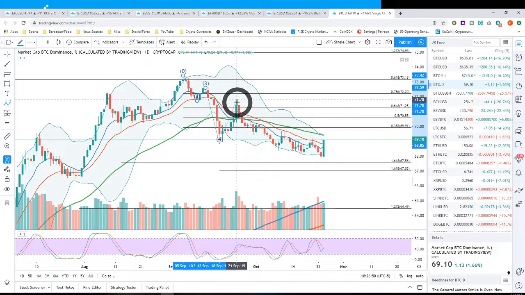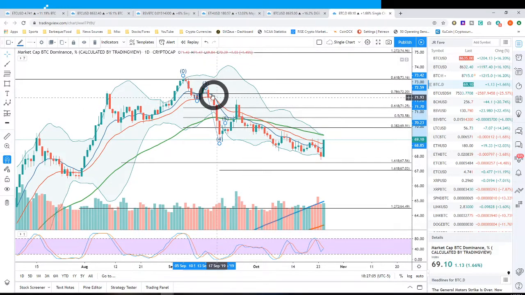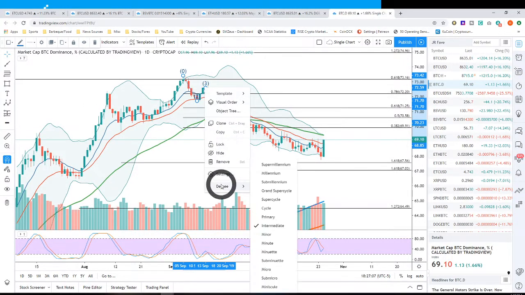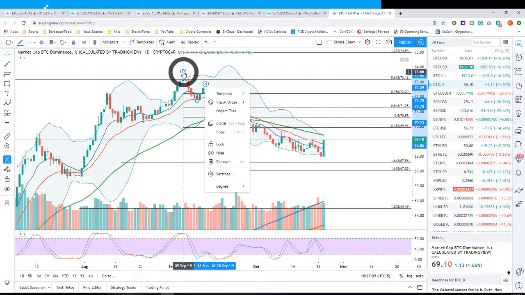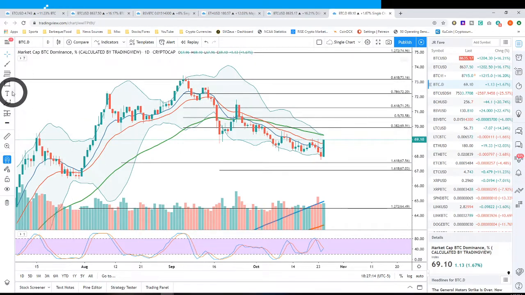You come up for 4, which almost looked kind of impulsive. Usually a 4 is supposed to be corrective, but yeah, we'll call it what it is. Anyway, and then you go down for, oops, did I get this wrong? Hang on. I did. Misposted it. Here's what I was trying to do. All right.